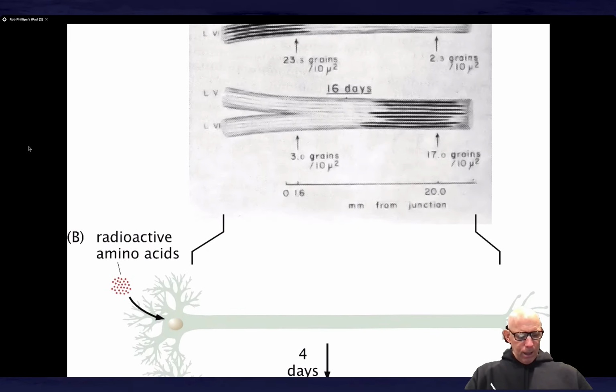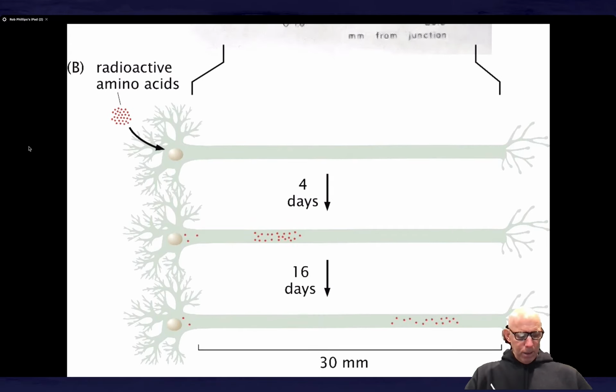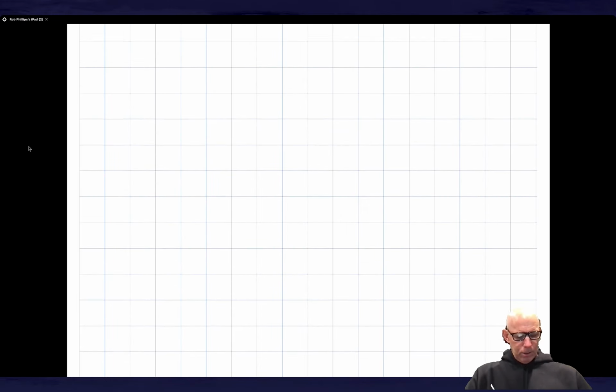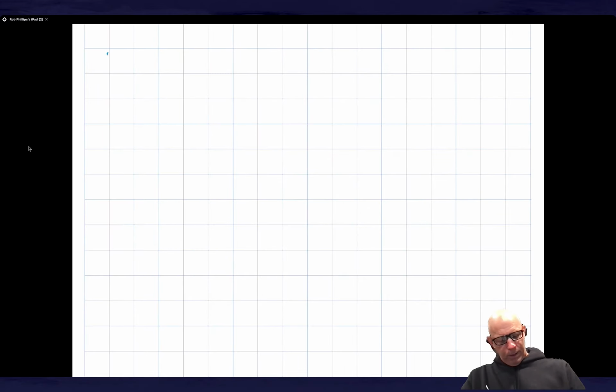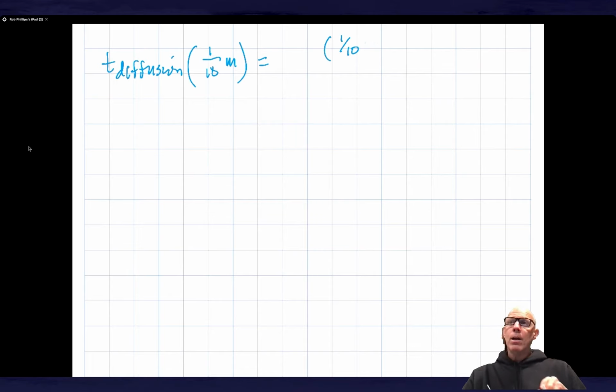So the next thing we want to find out is something about the 30 millimeter time. So let's now figure out how long it takes to diffuse over, let's say, a distance of 1/10 of a meter. Okay? So in this case, well, okay, let me write this out and then I'll get the right units.